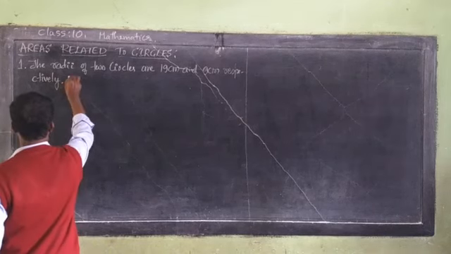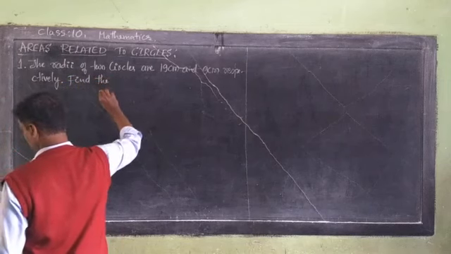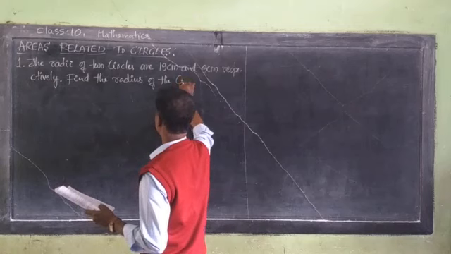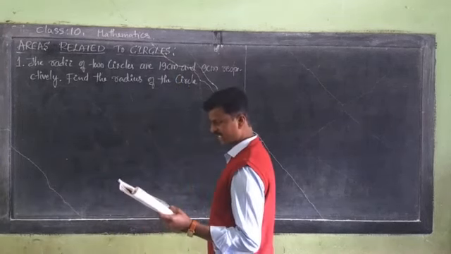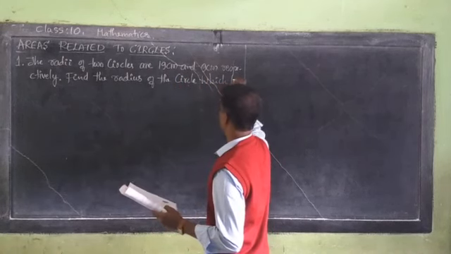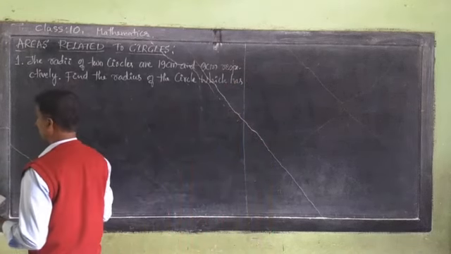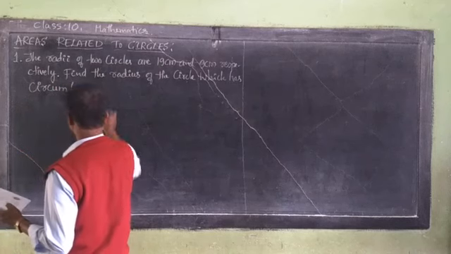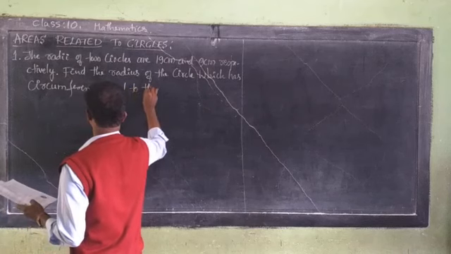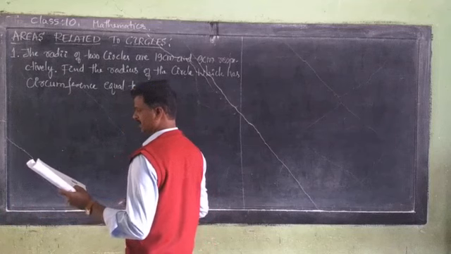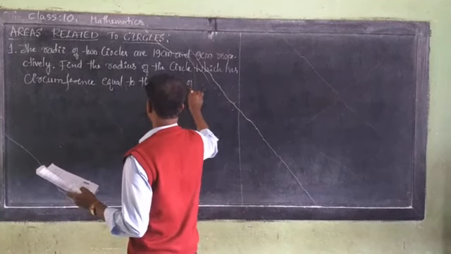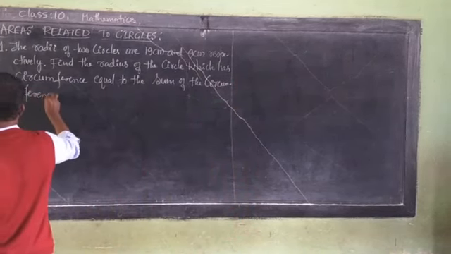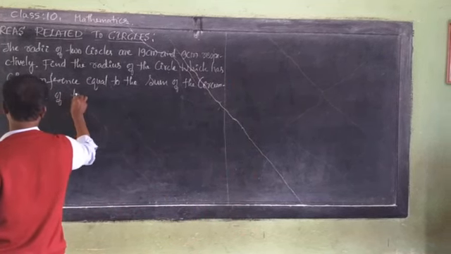Find the radius of the circle which has circumference equal to the sum of the circumference of two circles.